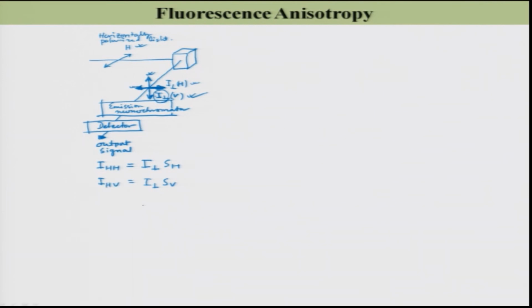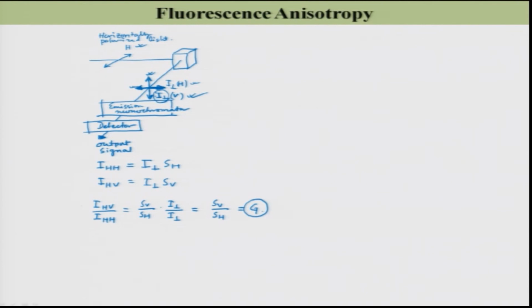So, what can I write? IHV divided by IHH equals SV by SH into I perpendicular by I perpendicular, which is nothing but SV by SH, and that I already have defined as my G value.